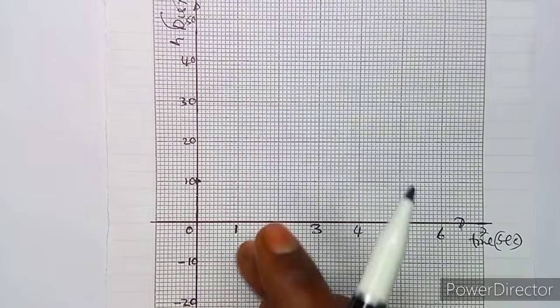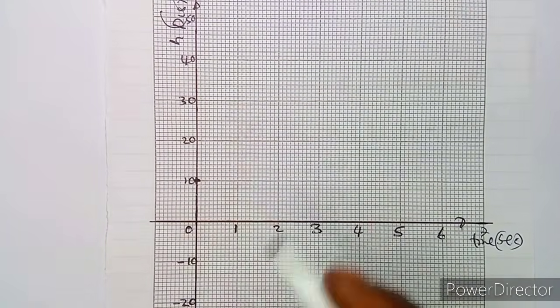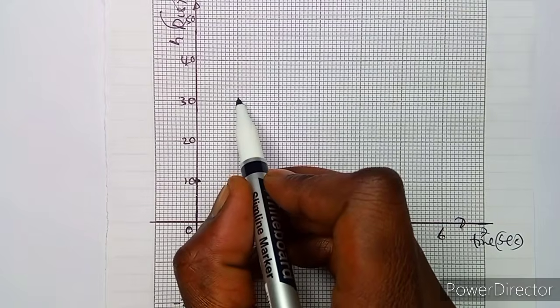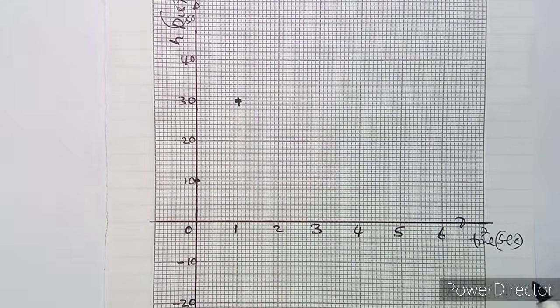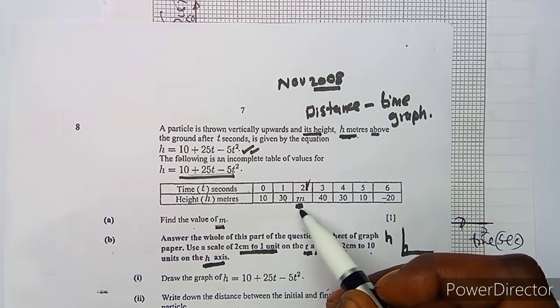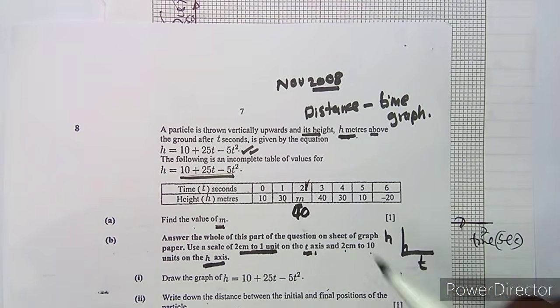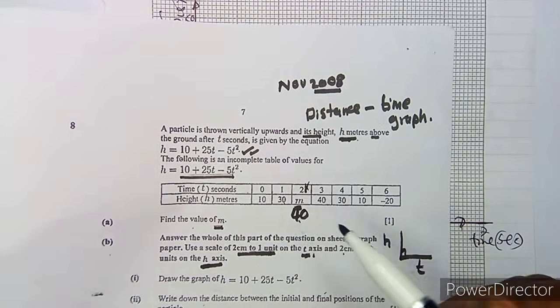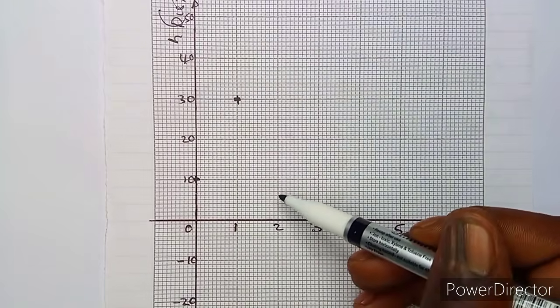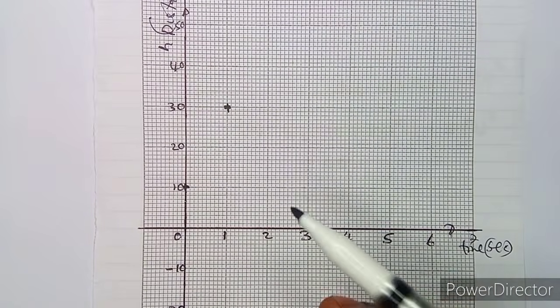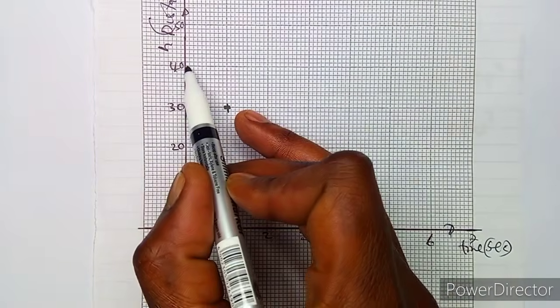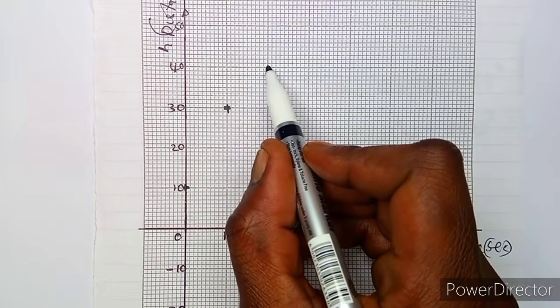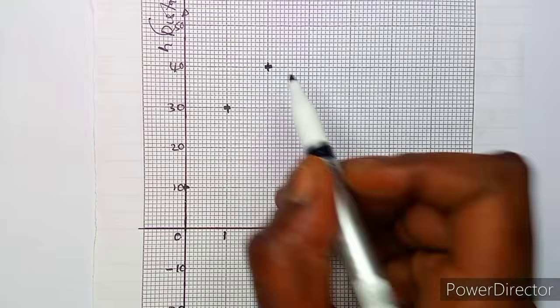This is your 30 here, 1 here versus your 30 here. Where these two meet, just mark your point in between. Then 2 versus m. Remember our m, we calculated this and it gave us 40. So it's 2 versus 40. So it's 2 for t and 40 for h here. 2 versus 40 somewhere here.